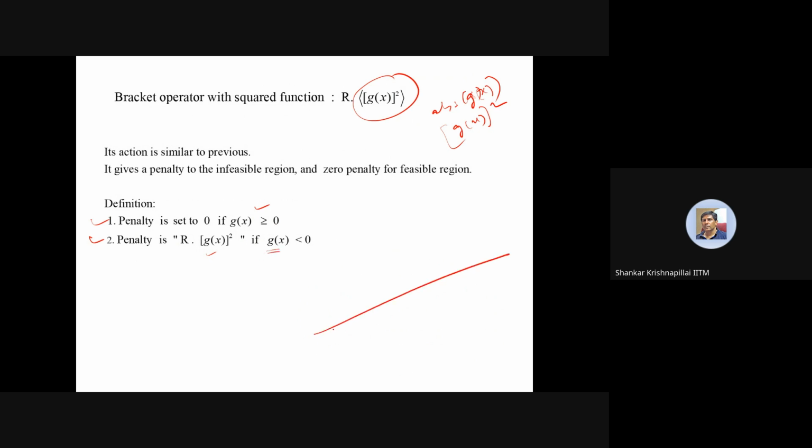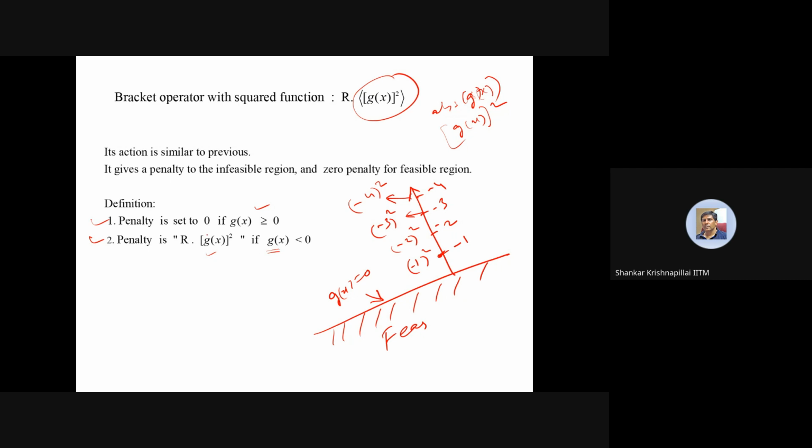So suppose this is the feasible region, and you are going out of the feasible region. Here g of x is equal to 0. Here g of x is -1, -2, -3, -4, etc. So the penalty is -1 squared here, -2 squared here, -3 squared here, and -4 squared here.